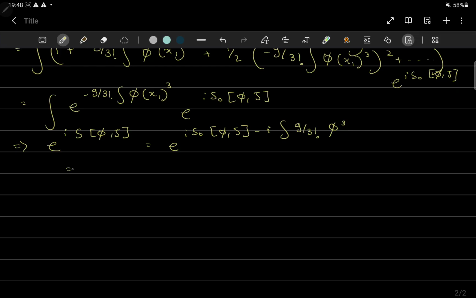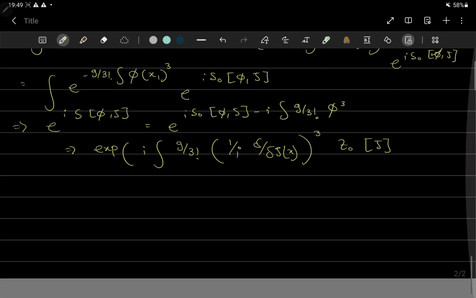So therefore, I can write this as the exponential of the functional derivative inside the integral, like before, using the same methods, acting on the free field generating functional.